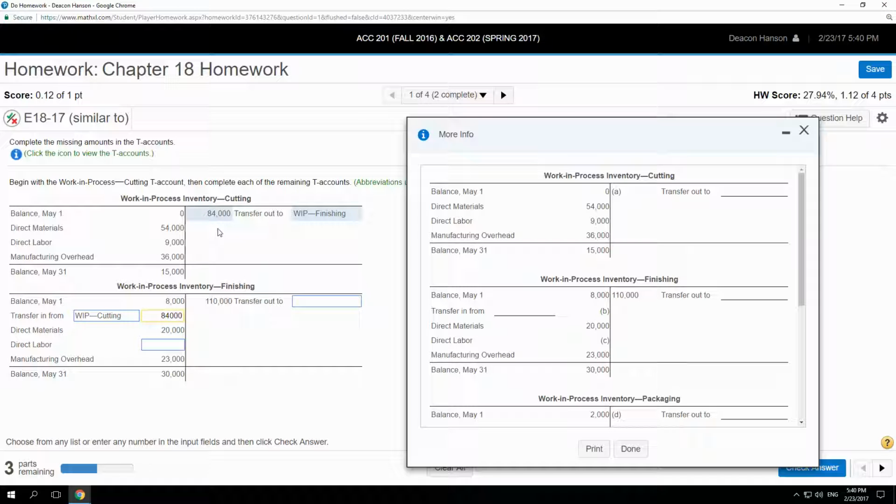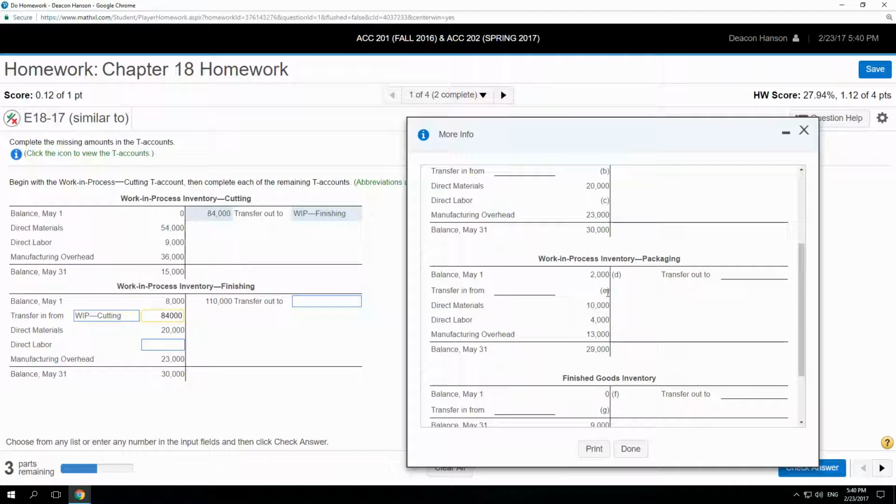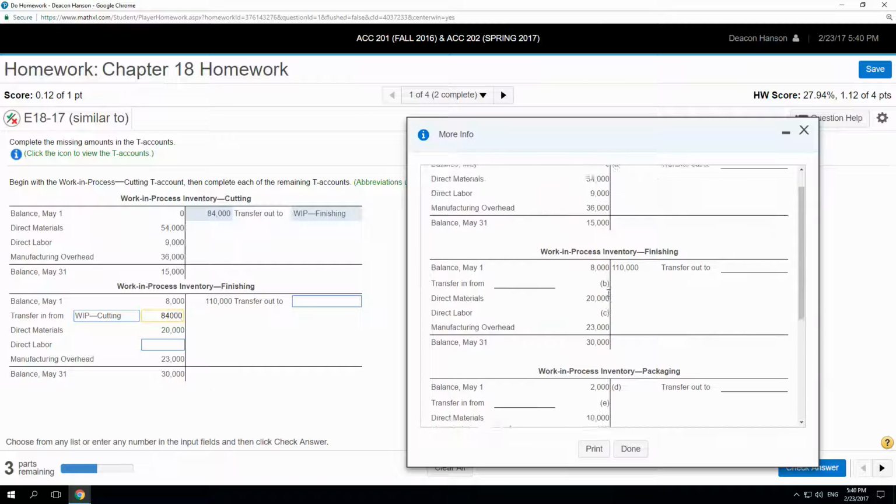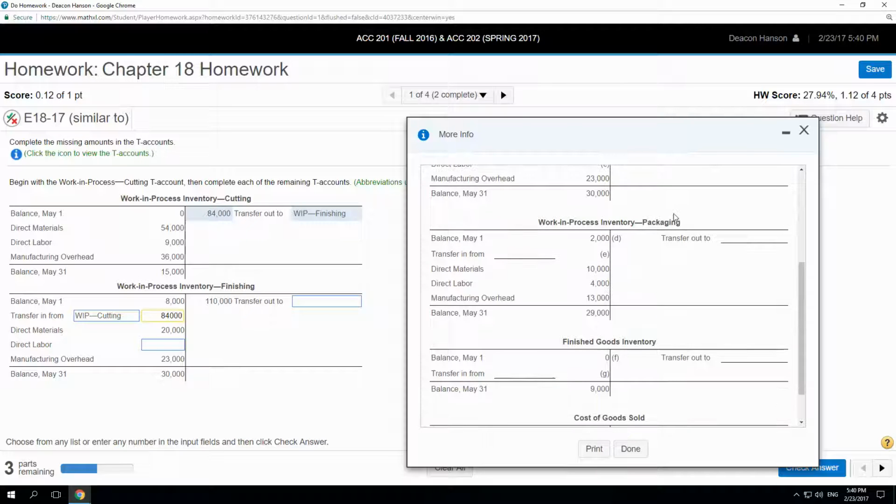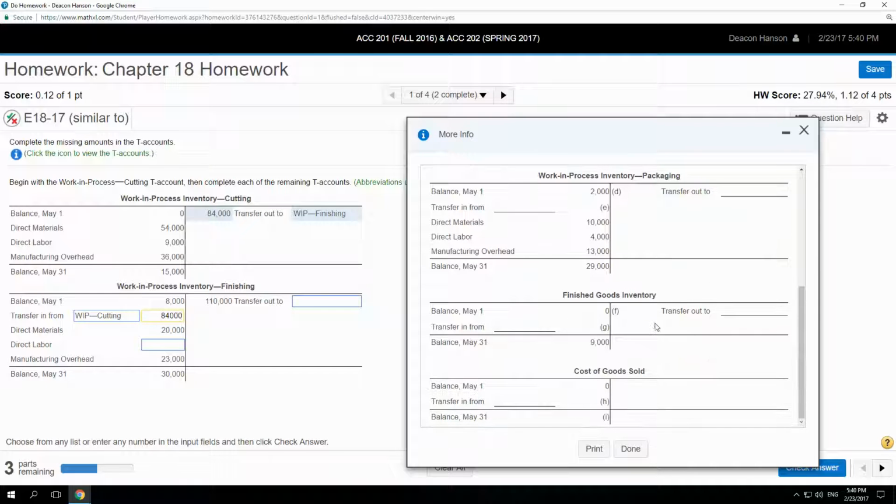And then at some point, direct labor was added. Okay, so we got two missing pieces. But I think we can scroll down here to packaging. Let's think about it. We might have to go further back. Actually, no, we're not too bad off because we have the numbers.